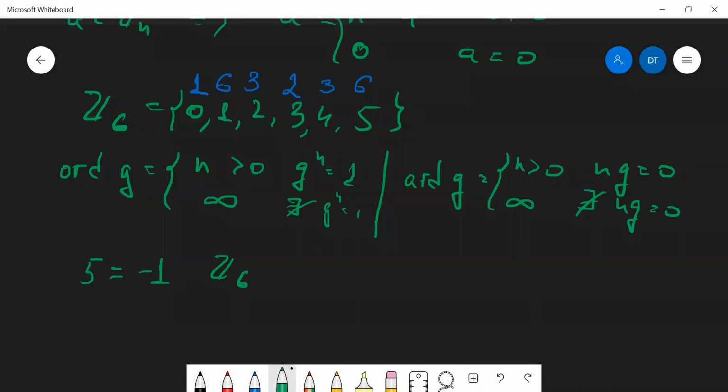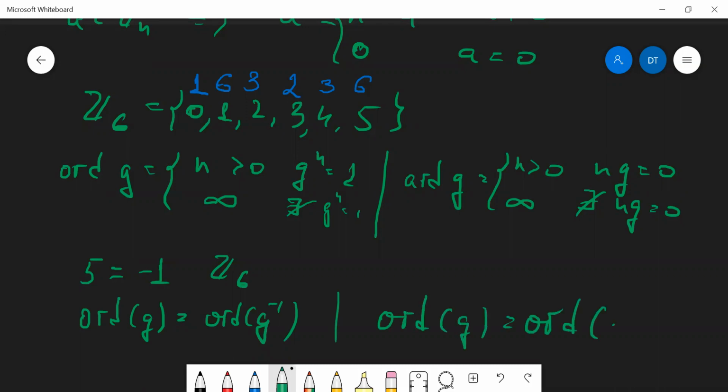So this is just the inverse element for the element 1. And here is the rule. The order of an element is the same as the order of its inverse element. Or in additive notation, the order of an element is the same as the order of its inverse element. Okay?